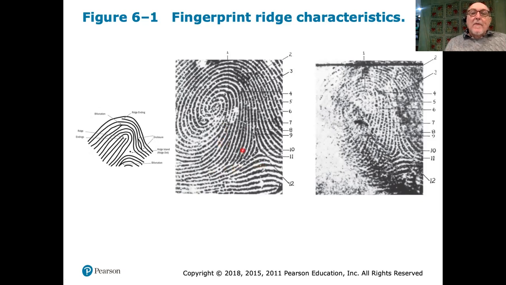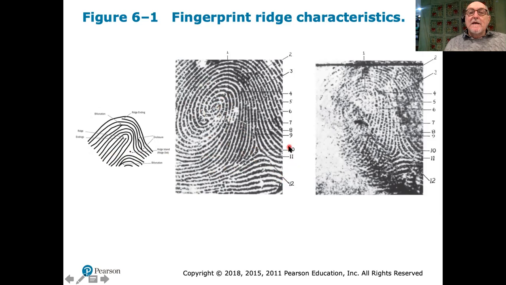First of all, this is not related to this, by the way. What is this? Yes, that is a whirl. And here, they're not showing the whole fingerprint. Here is the delta there. And the position of the delta is going to be important.